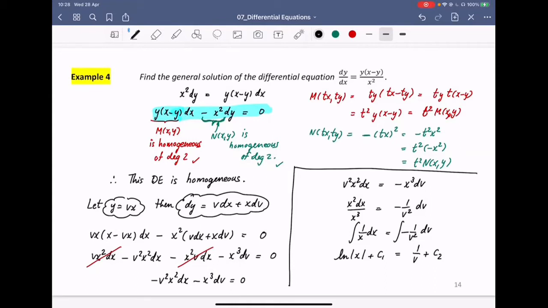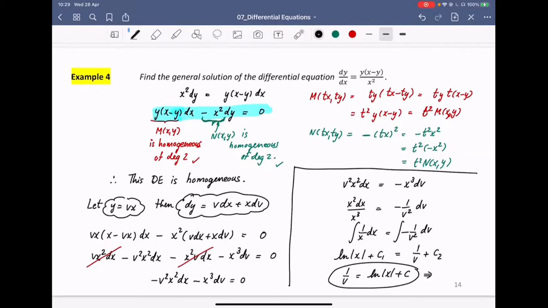I'm going to group C2 and C1 together. So at the end, I have 1 over v equal to log absolute x plus C. I just group C1 and C2 into one side and call it another constant C. Now this is your general solution in terms of v and x.